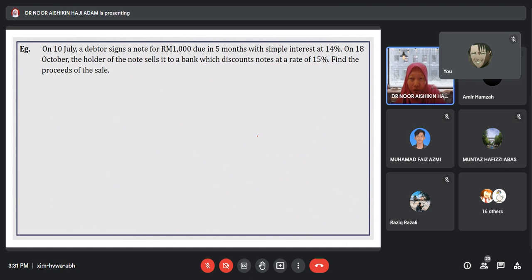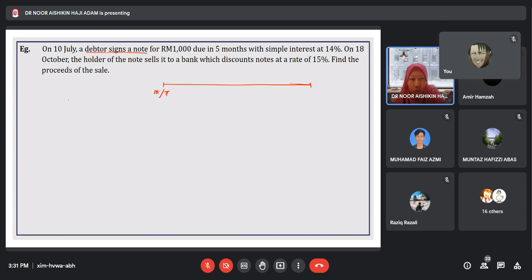Okay, jom kita gunakan maklumat tu, kita tunjuk maklumat tu on the timeline. Apa kita dah ada on the timeline? Apa yang boleh isikan di sini? 10 Julai. Di mana? Paling kiri. That is the date of note.